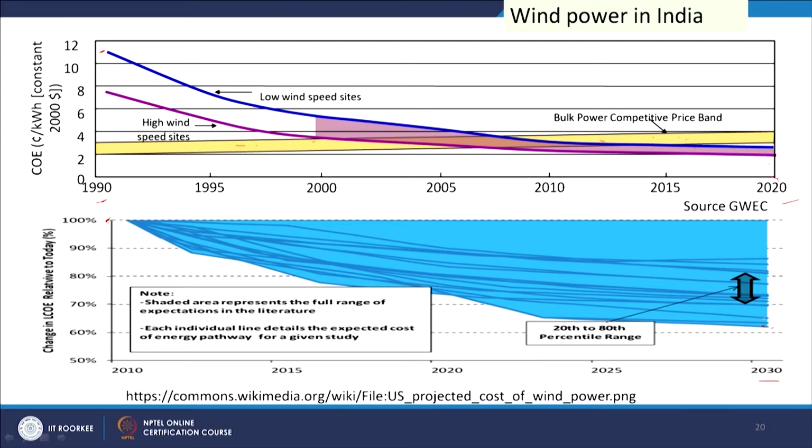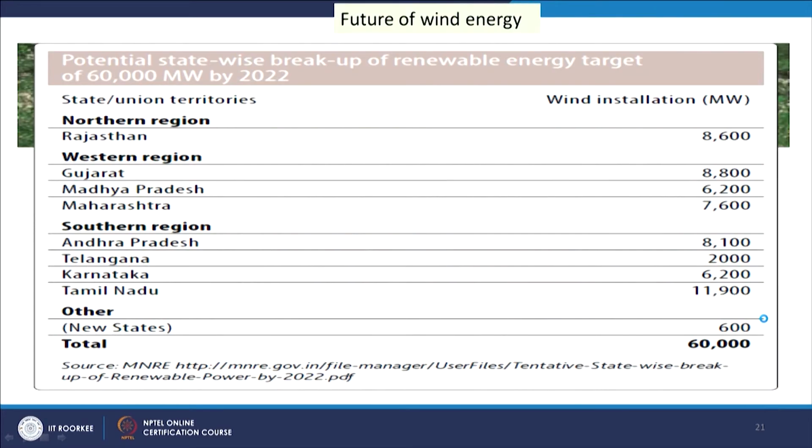So, this is the wind energy cost reduction prediction for the future, and these are the future wind energy expansions in India: northern region, western region, southern region and others, with a total of 60,000 megawatt electricity production expected by 2022. This is the future of wind energy in the country. So, up to this on this subject, and thank you for your patience.